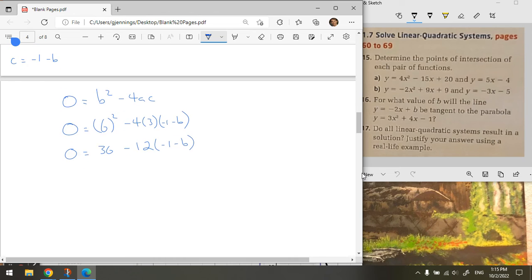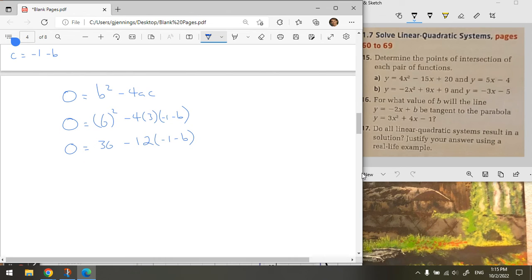Okay, so let's isolate and simplify everything away from b. We could even multiply this in. I can spot the solution now, but maybe you can't, because you don't have as much practice as I do, which is fine. 0 is equal to 36 plus 12 plus 12b.